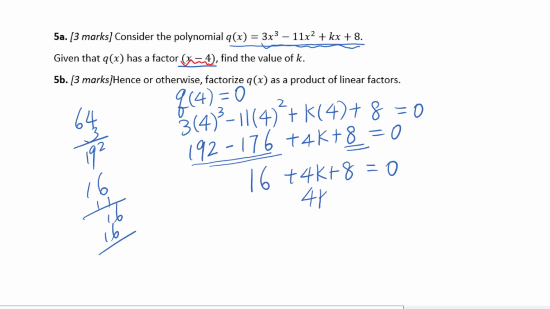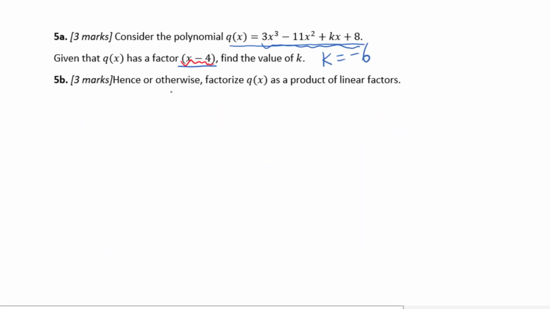So 4k plus 24 equals 0. k equals negative 6. So q of x equals 3x third power minus 11x squared minus 6x plus 8.